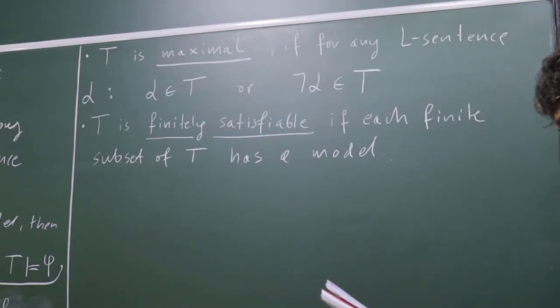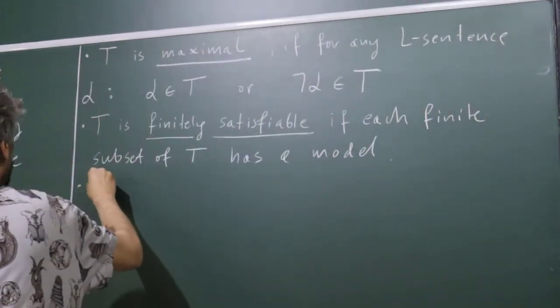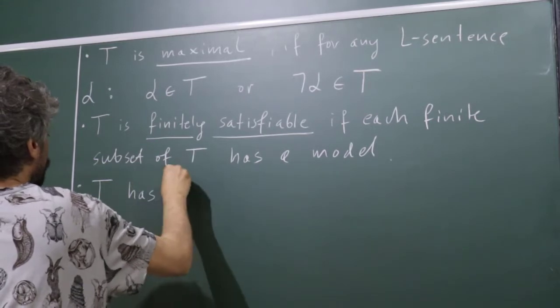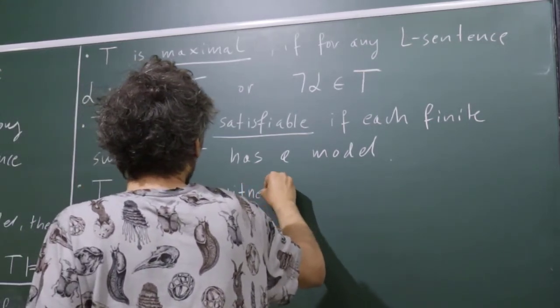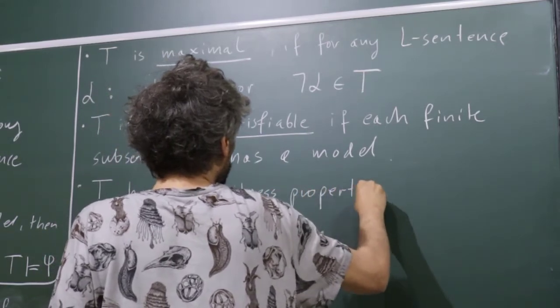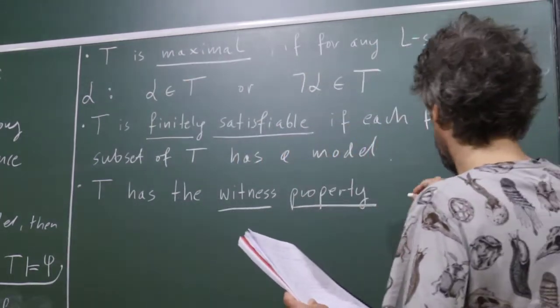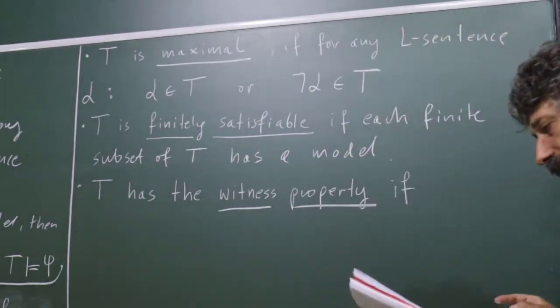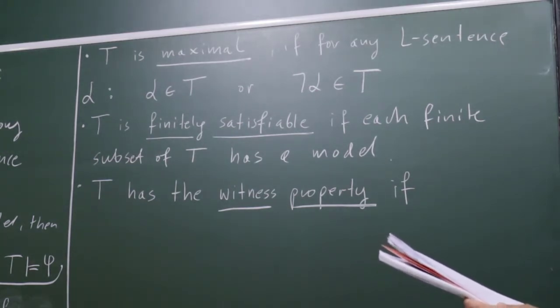And finally the last one, which is not very natural, but it will be crucial for the construction. T has the witness property if the truth of existential sentences can be witnessed.